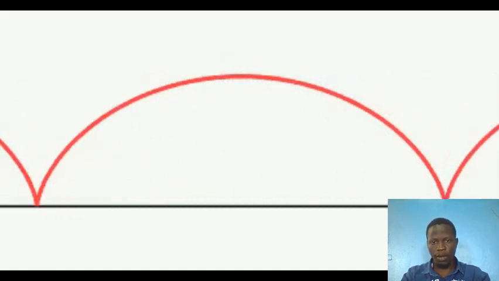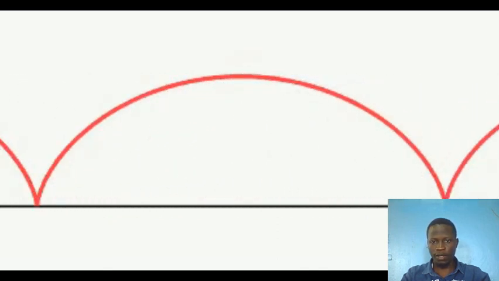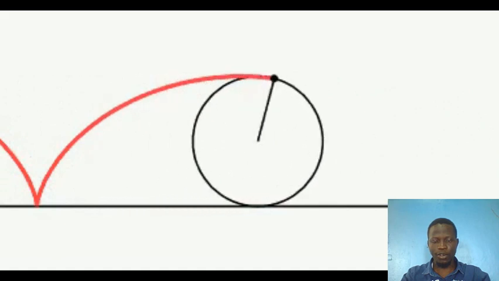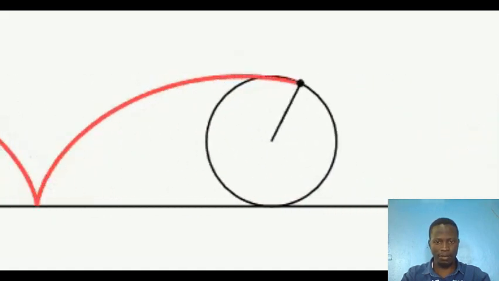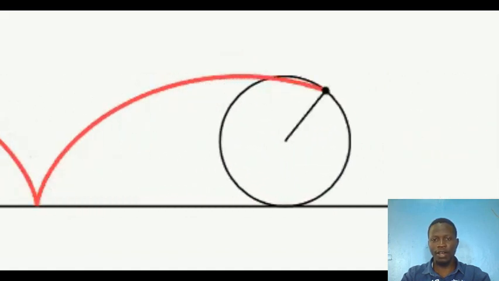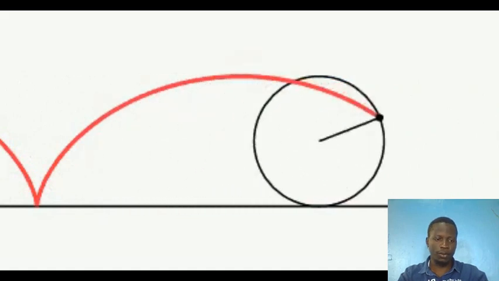Now, as you look at that video, you discover that the circle is rolling on the straight baseline, and there is a curve which is being generated. That red curve you're seeing is what we call a cycloid. Continue looking at that curve properly.